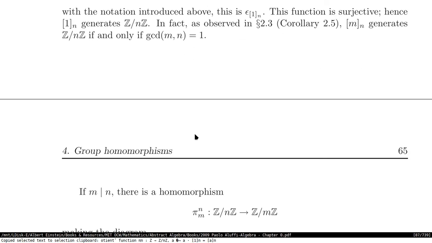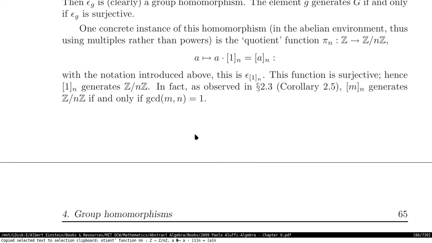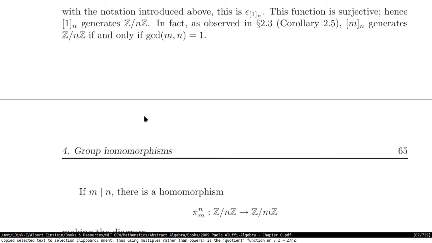Okay. So if m divides n, here they're talking about how if you have some m and then the n multiple, so m is in the equivalence class of these multiples of n, and if that generates this whole set, then that means the GCD of m and n is 1.